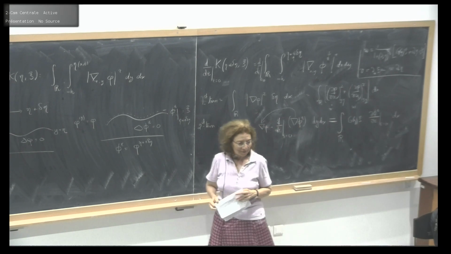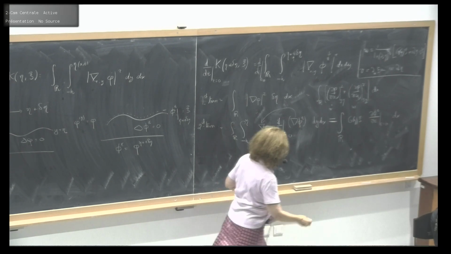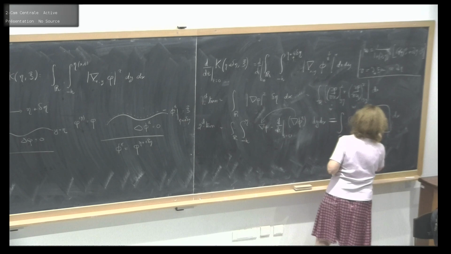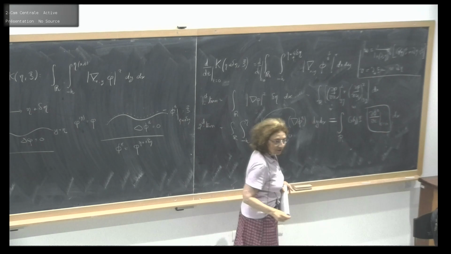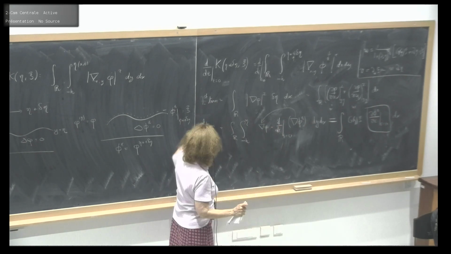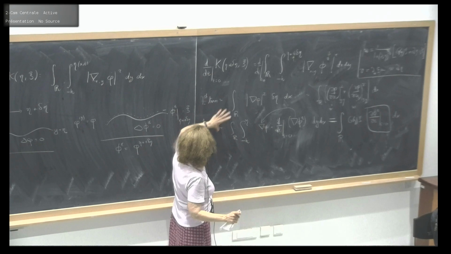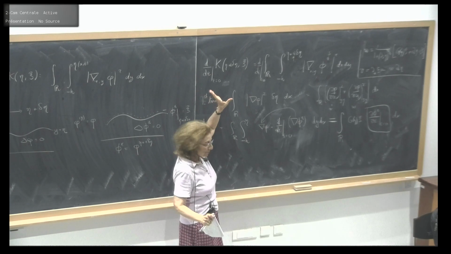Okay. So the only thing that we need to calculate now is this term. Once we calculate this term, we'll have the two terms, and we'll put them together and get a solution.